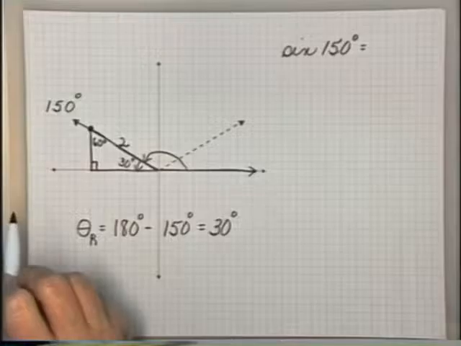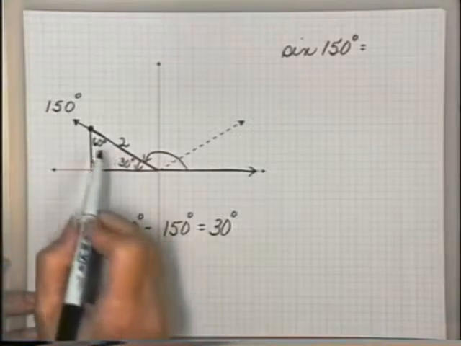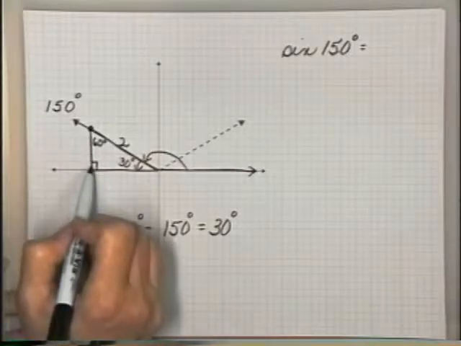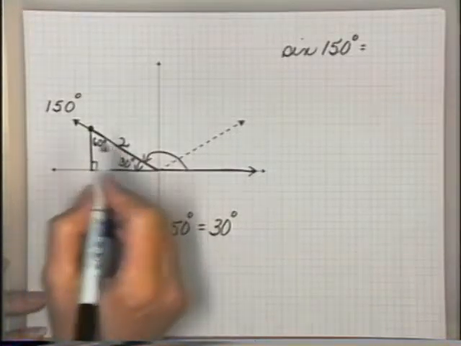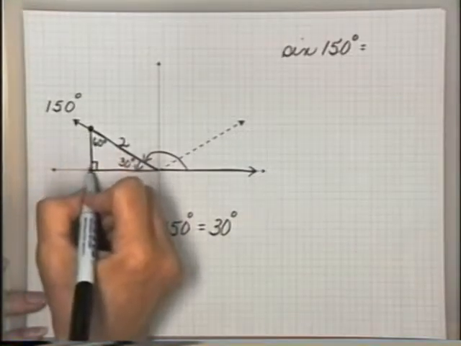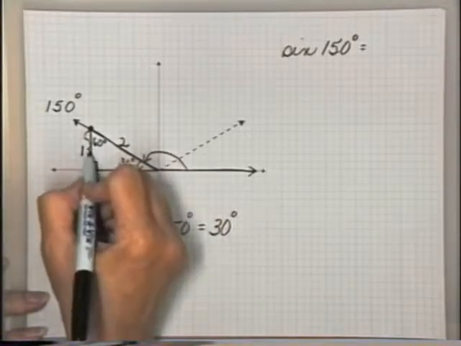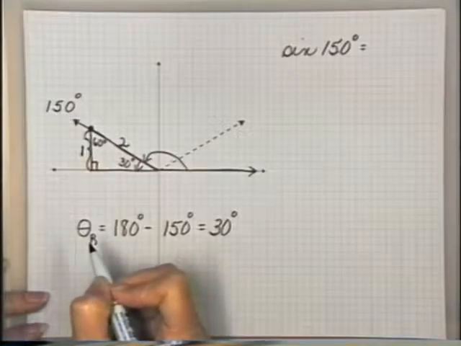And I know in a 30, 60, 90 right triangle, if I know the hypotenuse, the side opposite of the 30 degree angle is half the hypotenuse. So what do I know this length is? I know that that length is 1, don't I?